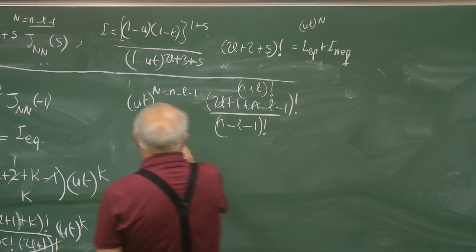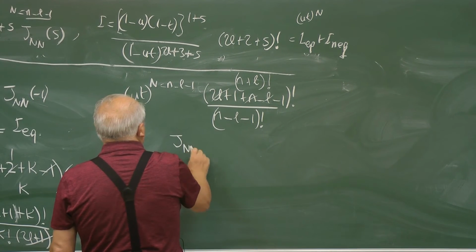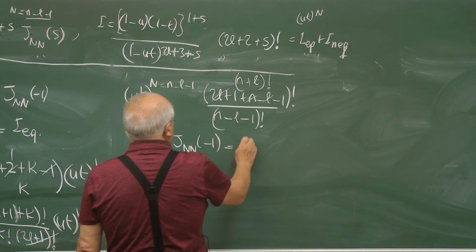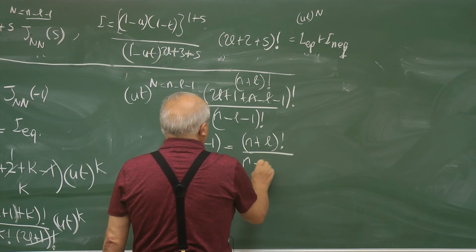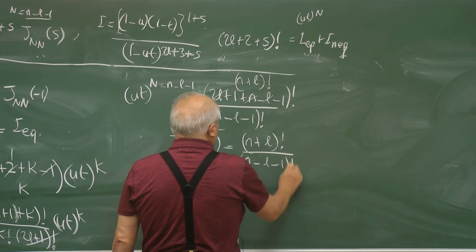Therefore, J_{n,n minus 1} is (n plus l) factorial divided by (n minus l minus 1) factorial.